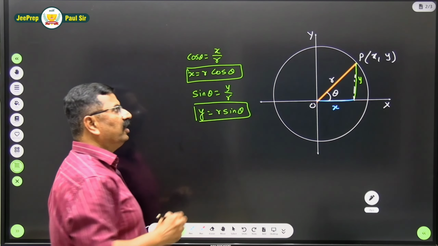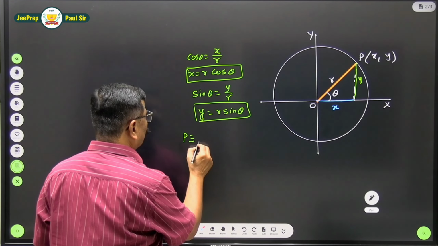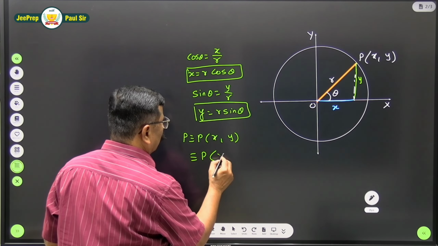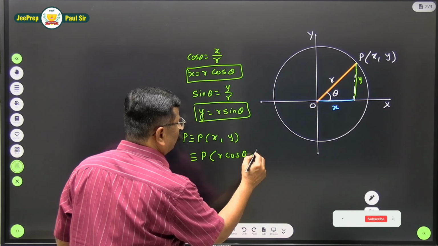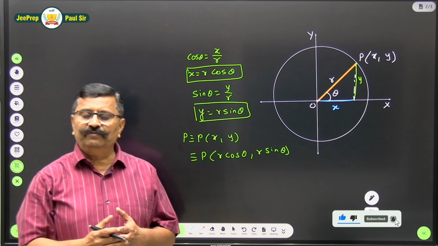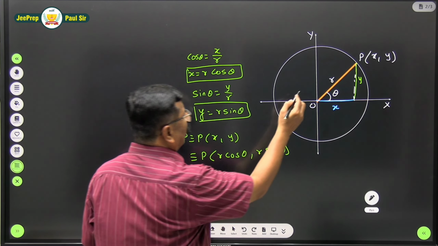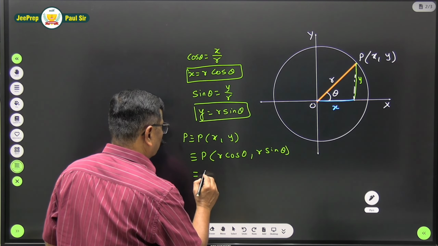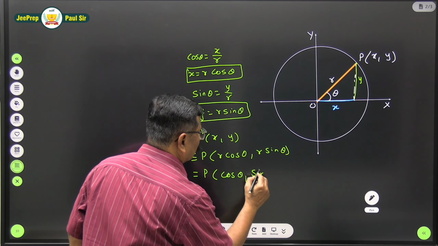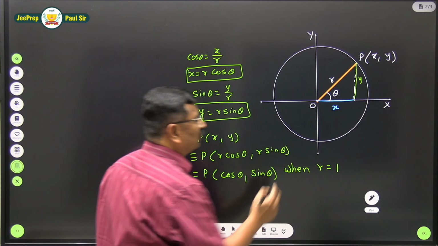This gives the y coordinate of point P. So point P, whose Cartesian coordinates are x comma y, can be written as r cos theta comma r sin theta. But if we consider a circle of radius 1, then r is equal to 1. So the coordinates will become cos theta comma sin theta.